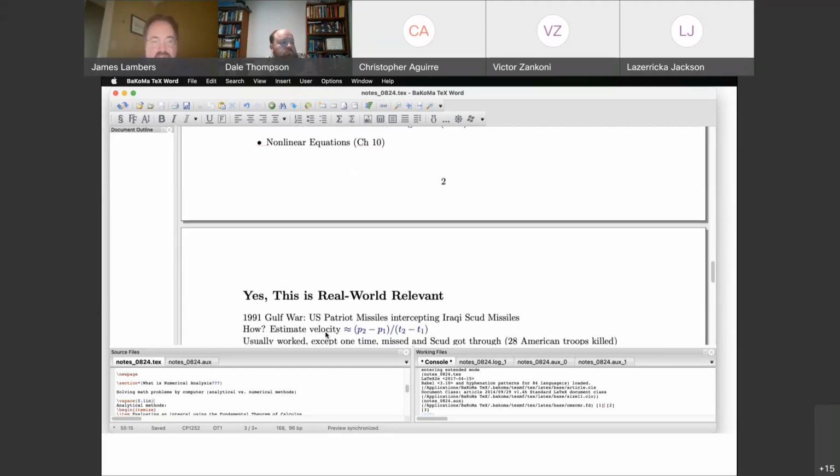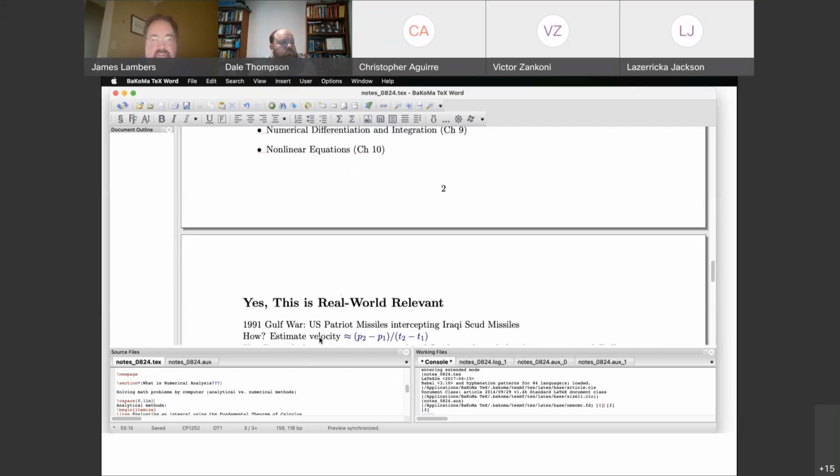Now, the idea here is you're just estimating its velocity using this formula. The velocity would be approximated by taking its change in position, because its position at various times would be known, and then dividing it by the difference in time. So velocity is the change in position over change in time. This seems nice and straightforward, right?